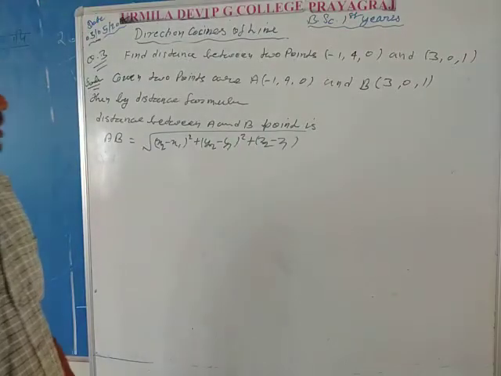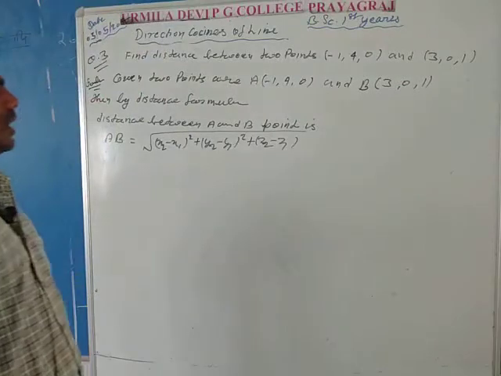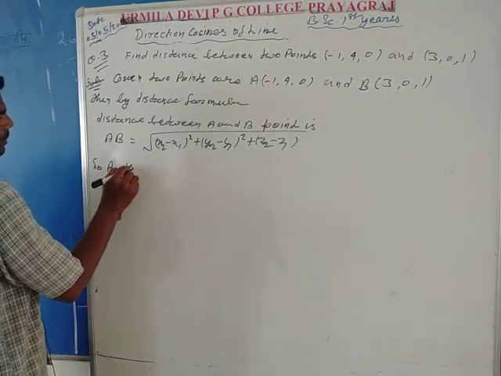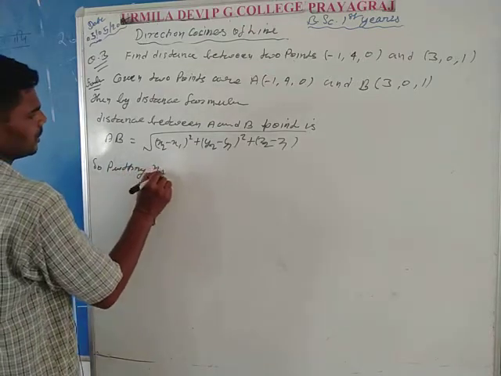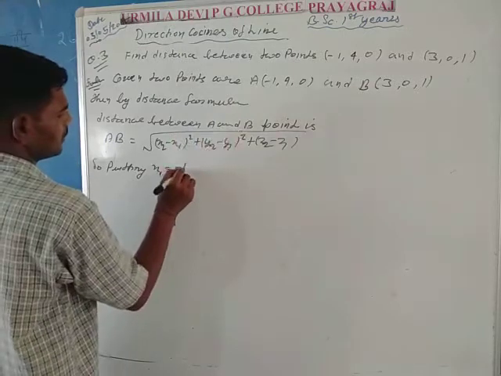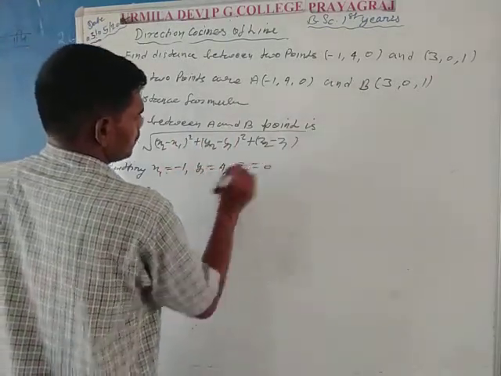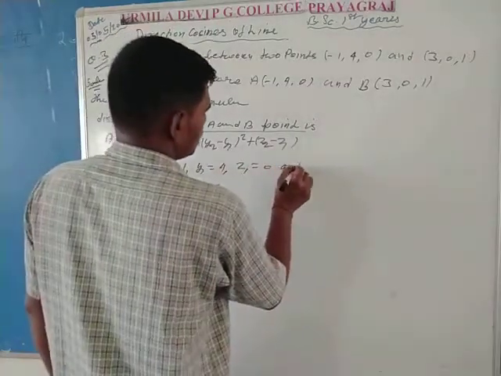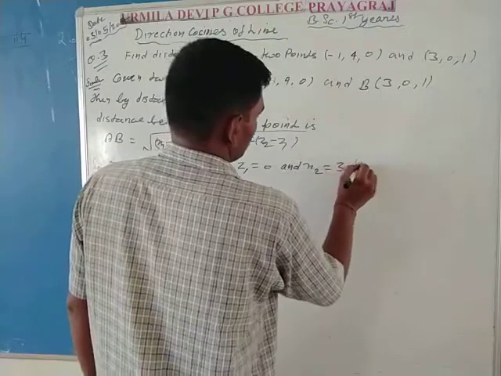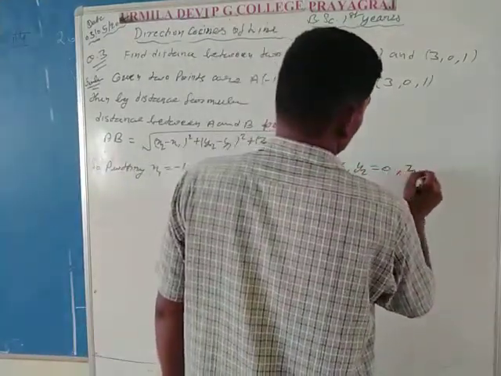Denote the first point as A and the second point as B. So putting x1 is equal to minus 1, y1 is equal to 4, and z1 is equal to 0, and x2 is equal to 3, y2 is equal to 0, and z2 is equal to 1.